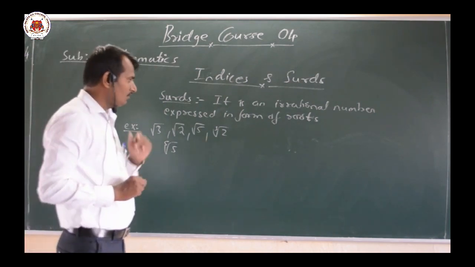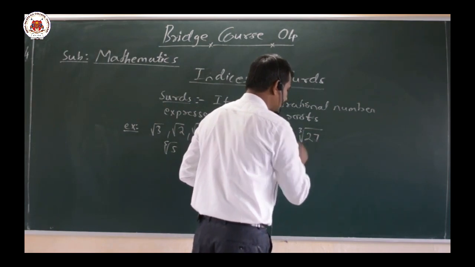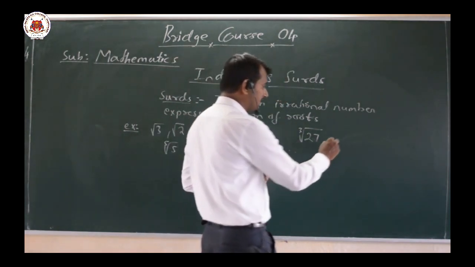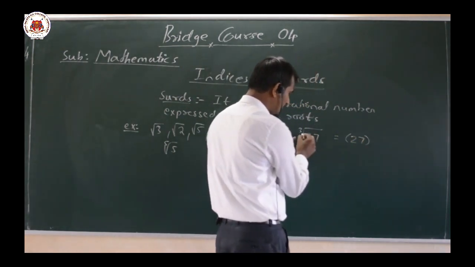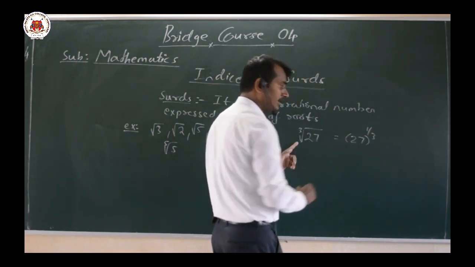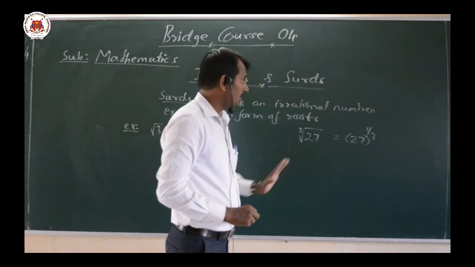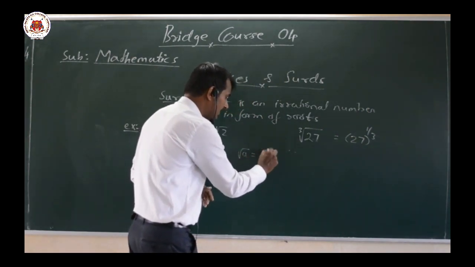One more thing: you may write the cube root of 27. How do we identify whether it is a surd or not? The cube root of 27 can be written as 27 raised to 1 by 3. For example, the square root of a means a to the power of 1 by 2.